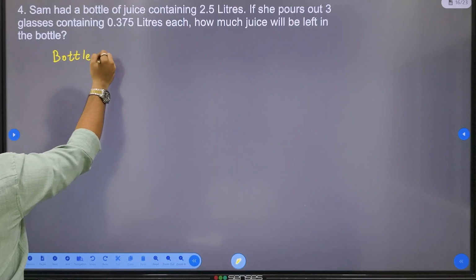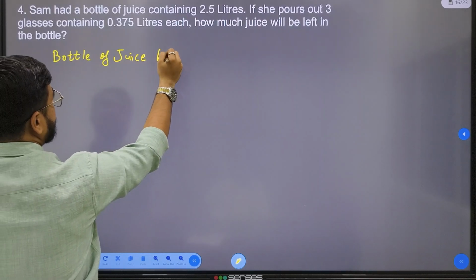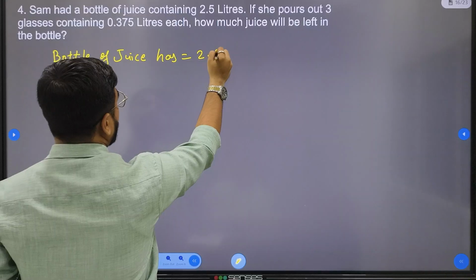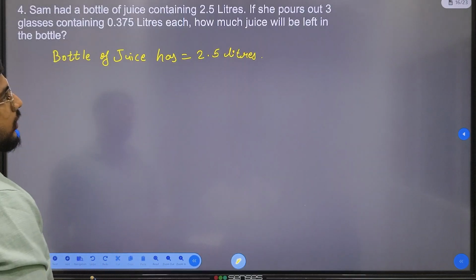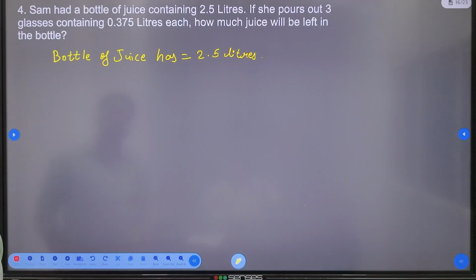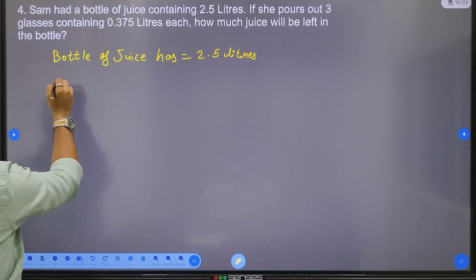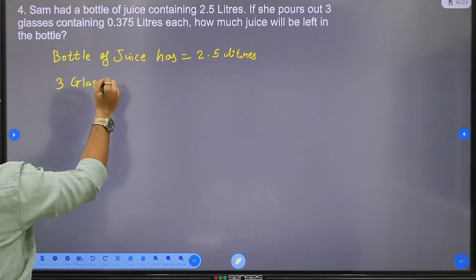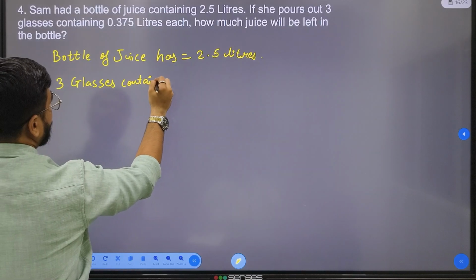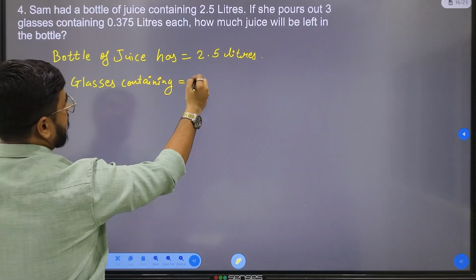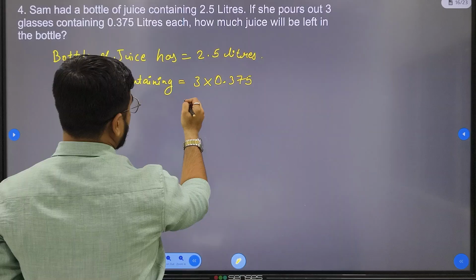Bottle of juice has 2.5 liters. She pours out 3 glasses containing how much? 3 into 0.375 liters each. That is how much?